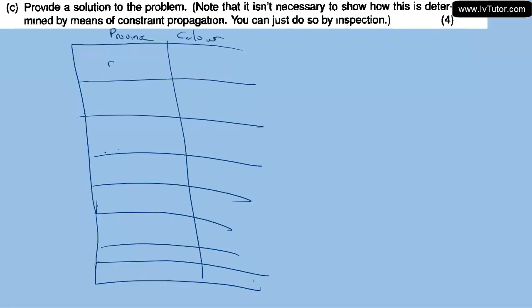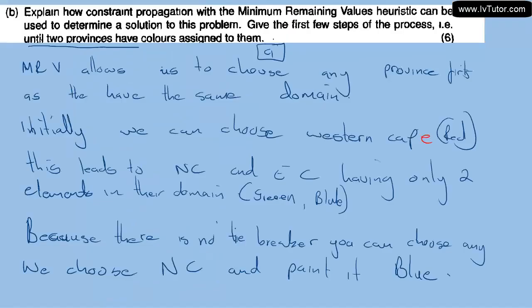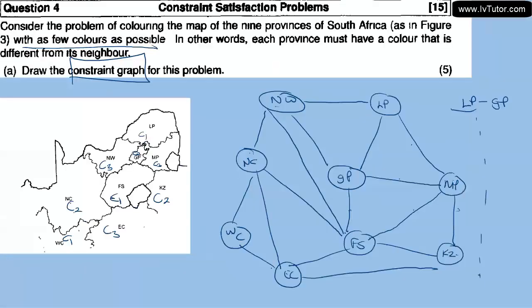You've got GP, MP, KZN, Eastern Cape, Western Cape, Northern Cape, Polokwane, and that's 1, 2, 3, 4, 5, 6, 7. Which one am I missing? Free State, 8. Which one am I missing? 1, 2, 3, 4, 5, 6, 7, 8, 9. Northwest.